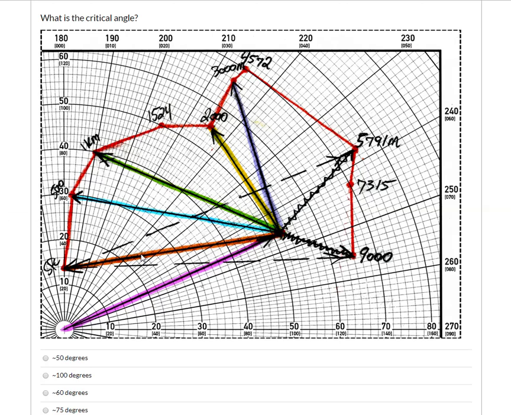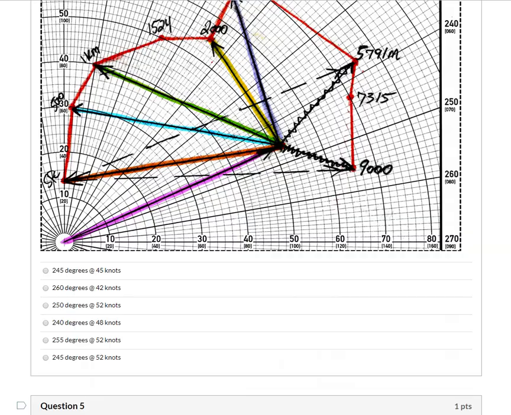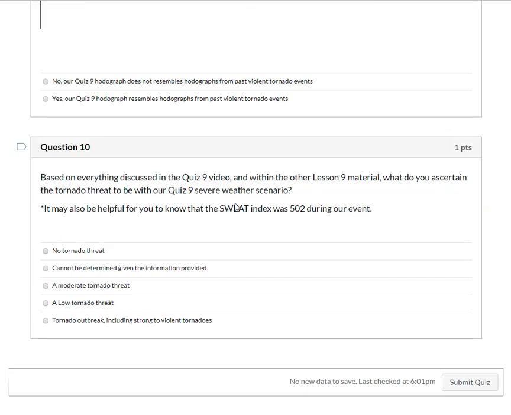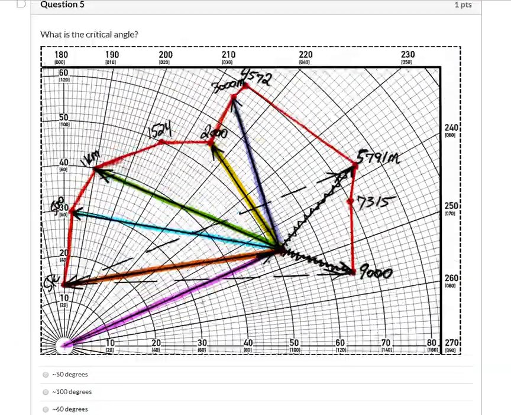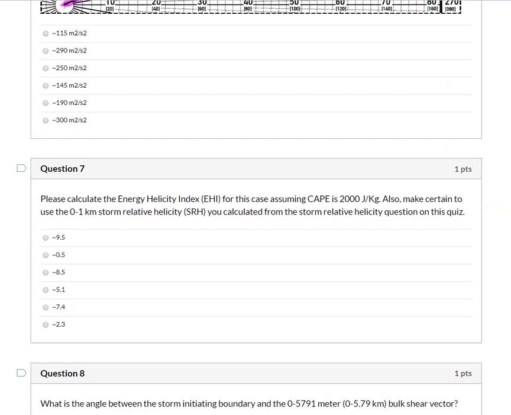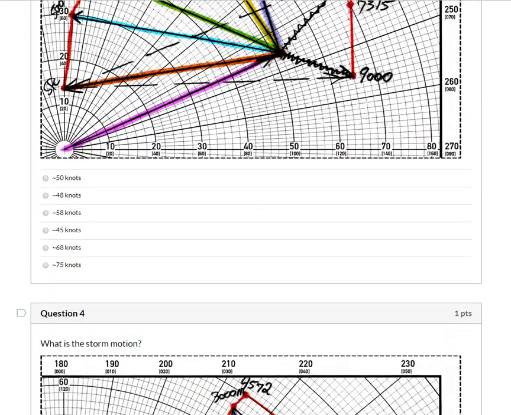And that can help you lean a little bit more weight into your final assessment of how high the tornado threat is. Okay? Also keep in mind the orientation of your bulk shear vector to your storm initiating boundary.